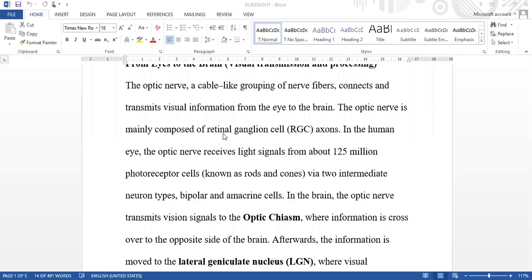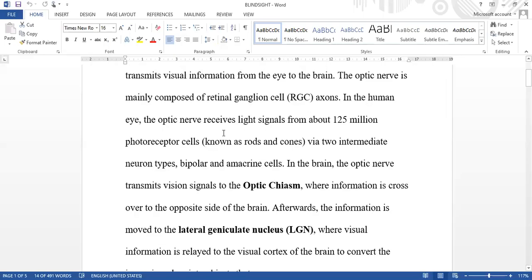It is an X shape, and it performs a similar role to the pons. So let me throw this question to the class. What's the function of the pons?